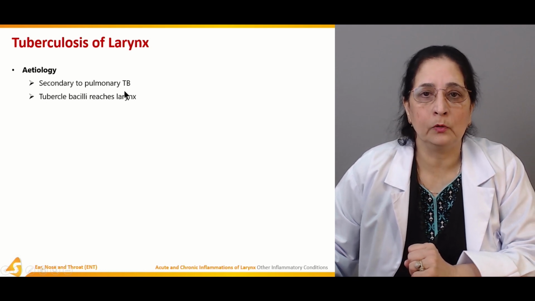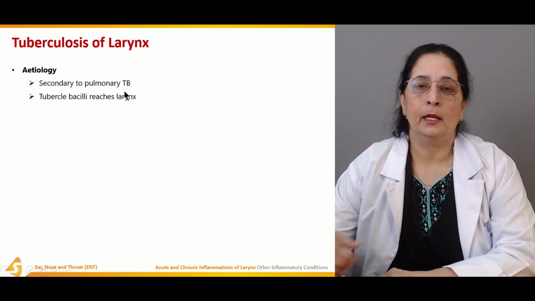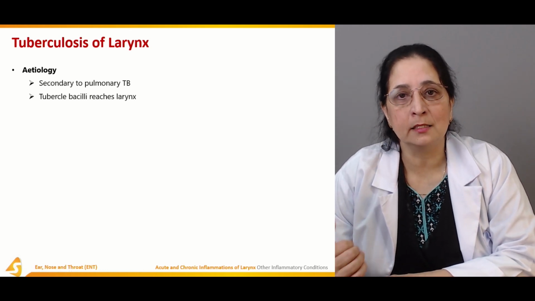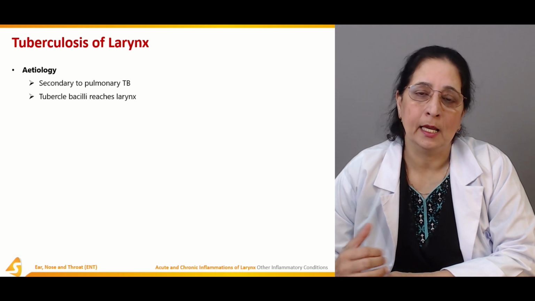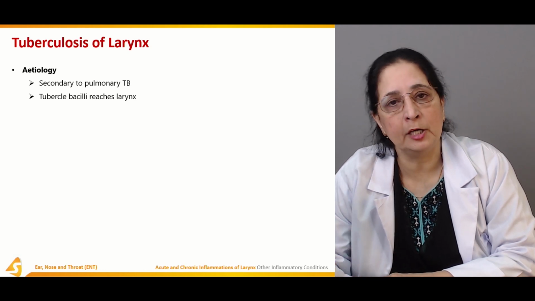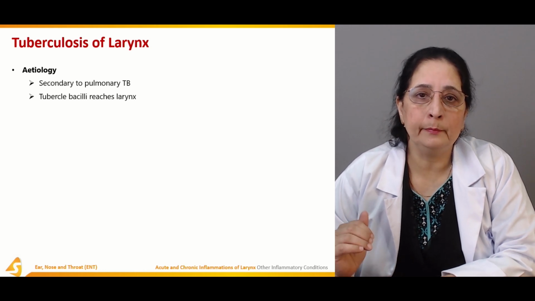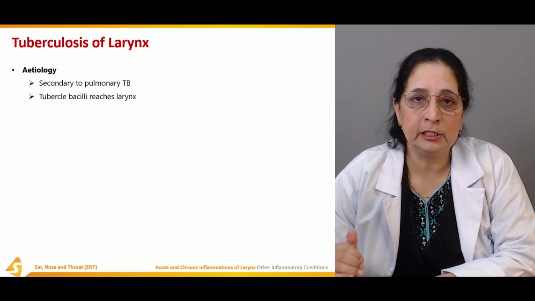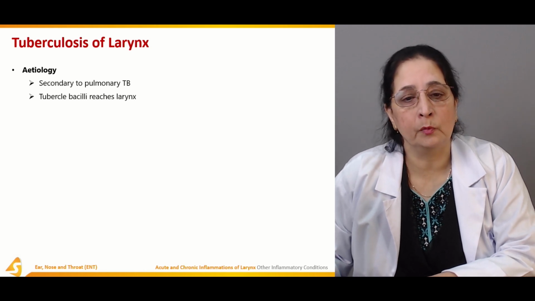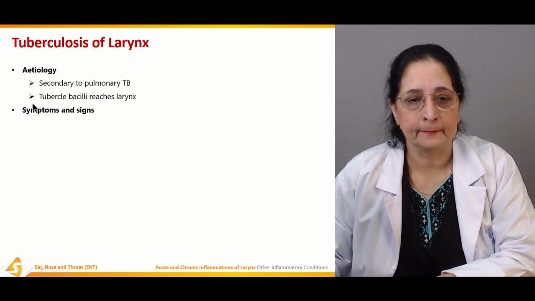Tuberculosis is an infection of the lungs in most cases, and from there it spreads to different parts of the body. So when the tubercle bacillus reaches the larynx, it can cause tuberculosis of the larynx.